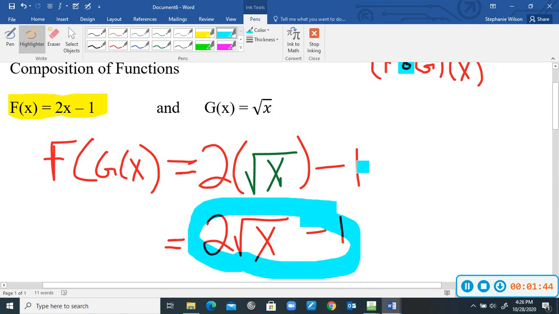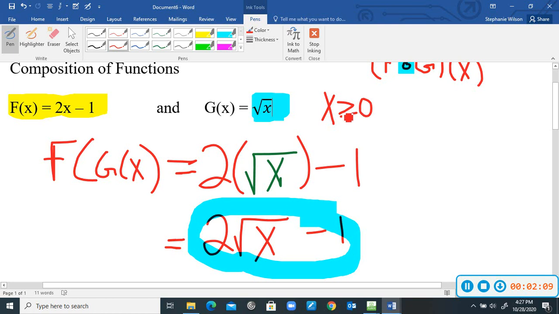The only thing is that we need to find a domain. Sometimes you're asked to state the domain, and if you are, you always got to compare it back to the original. So the domain here, it has an even root, so we got to look for its restriction. Since we only have x here, we'd say x is greater than or equal to 0, and we're pretty much done, right?